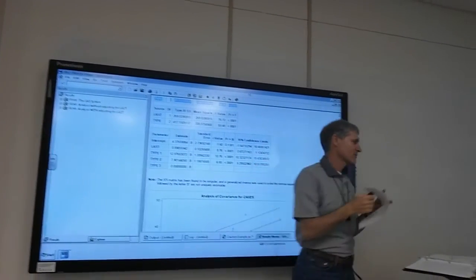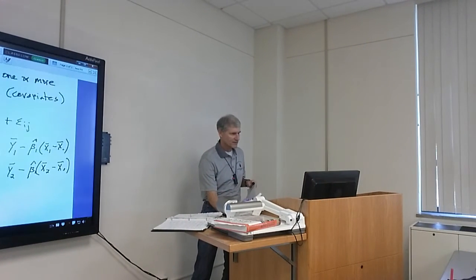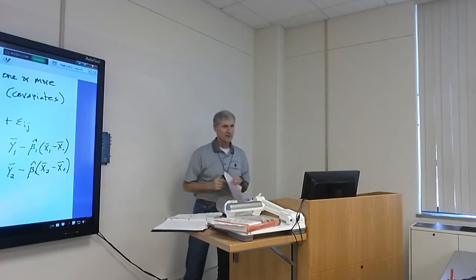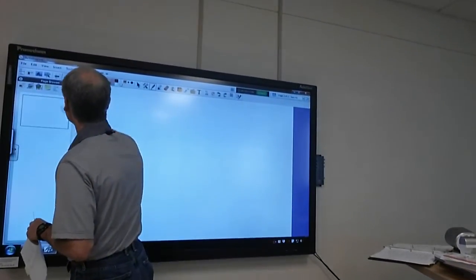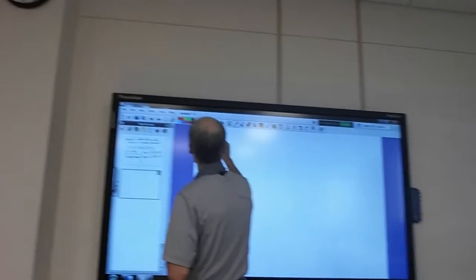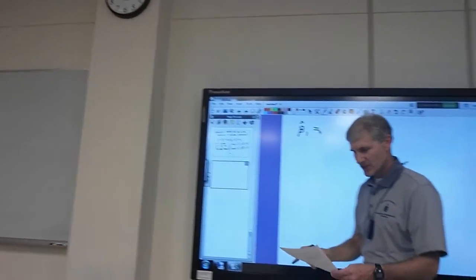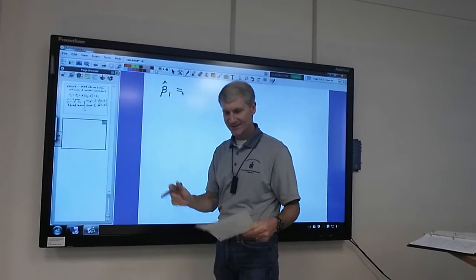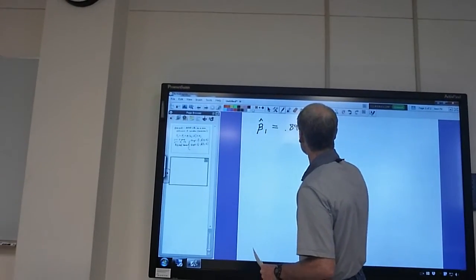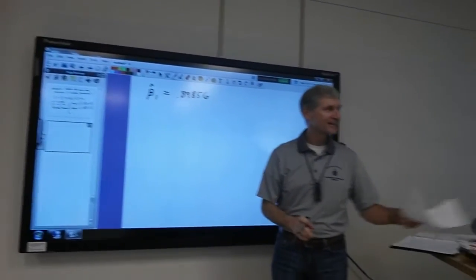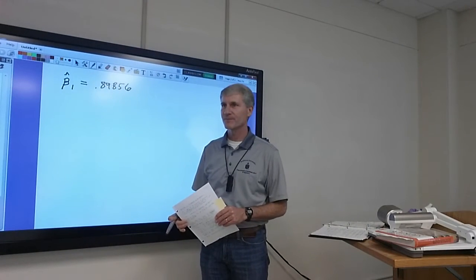I've got to use the mouse to get back to the other window. You guys remembered that number, didn't you? So beta 1 hat was, say it again? 0.89856. Good. Luckily I had it already written in here, so I know you're right. So that is the estimate from the model, right?